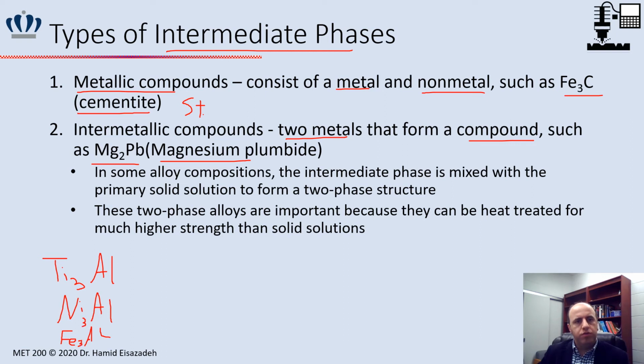They should have three over there, and they are brittle. They are brittle.